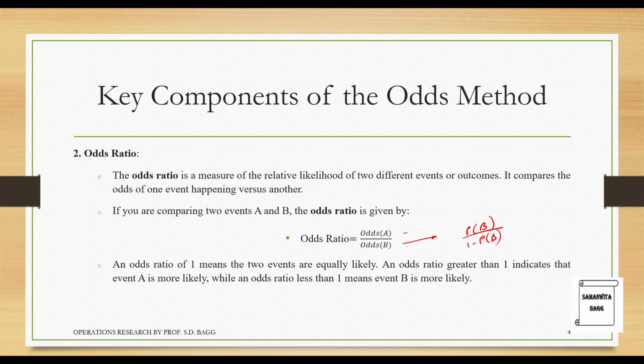An odds ratio of 1 means the two events are equally likely. An odds ratio greater than 1 indicates that event A is more likely, while an odds ratio less than 1 means event B is more likely.